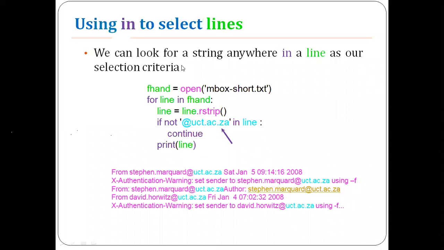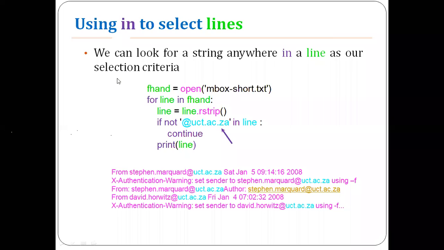And you can use something called "in" to select those particular lines. You can look for a string anywhere in a line as your selection criteria. We can search for a substring in a given string and print that particular value.